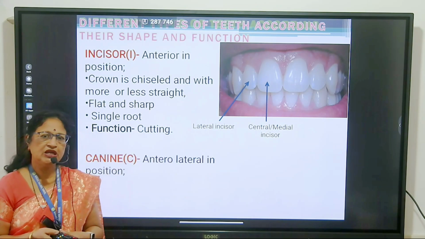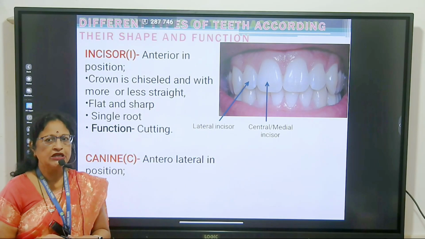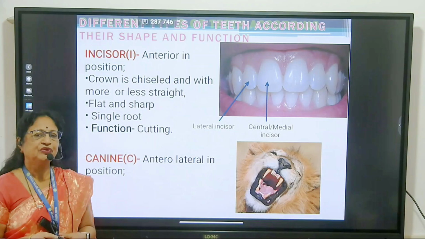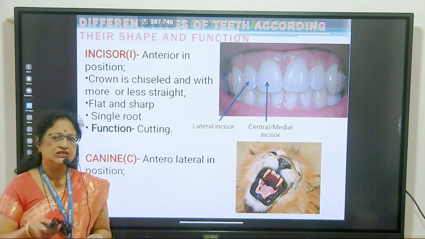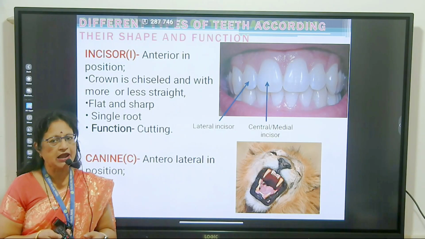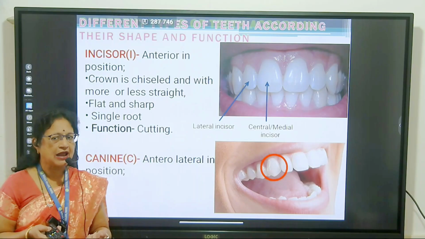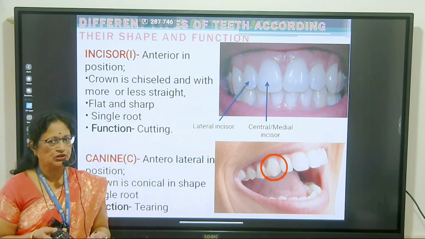Second tooth is canine, which is denoted by letter C. It is anterolateral in position, and it is well developed in wild animals; in this diagram the largest tooth is the canine. Now in human beings, these canines are less pointed in nature.